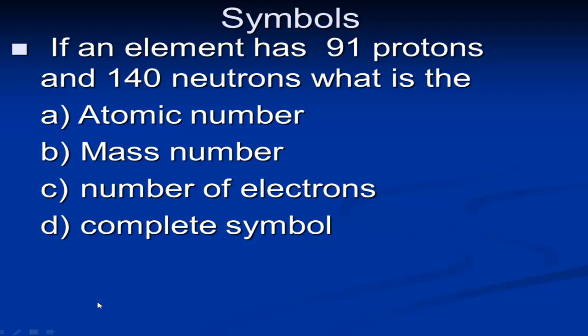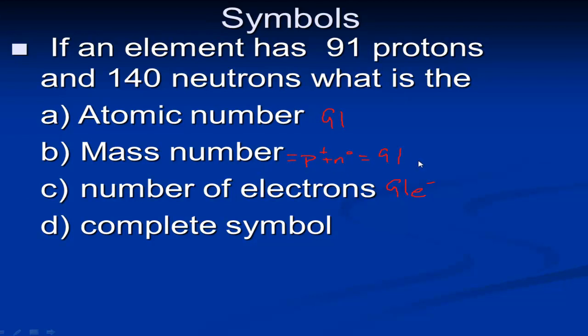Okay, next question. 91 protons and 140 neutrons. Try and figure this one out. Okay, your atomic number is the same as your number of protons, so your atomic number would be 91. Your number of protons is also equal to your number of electrons. Now, your mass number is equal to your protons plus your neutrons.